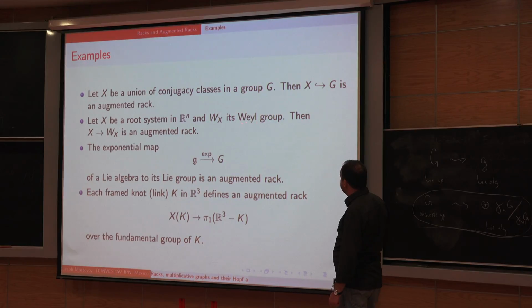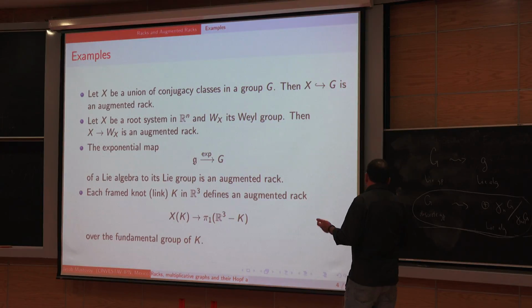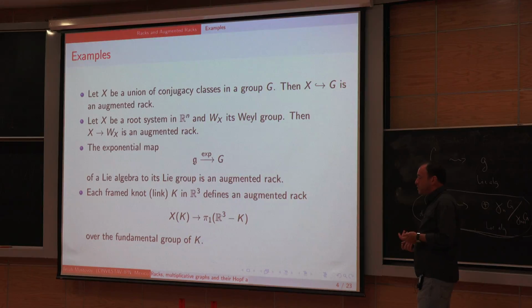The Weyl group acts on X, obviously. And each root projects into the corresponding reflection. So it's an augmented rack by definition. Now, why does nobody think of root systems as augmented racks?